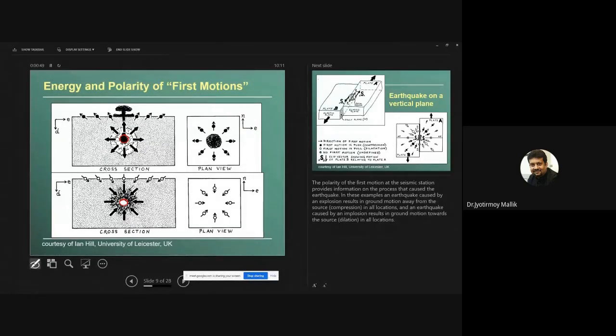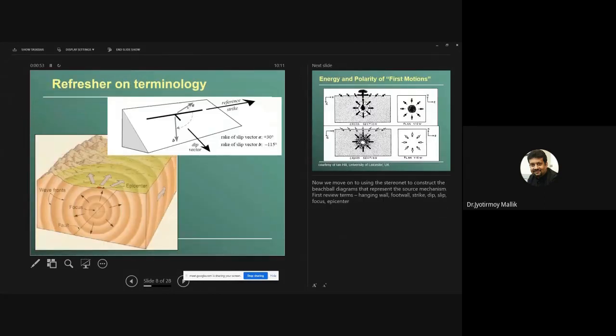This is where the elastic collision is happening. If I compare it with this particular diagram, this is my fault plane, and this is the origin of the earthquake, where the elastic energy is being released.